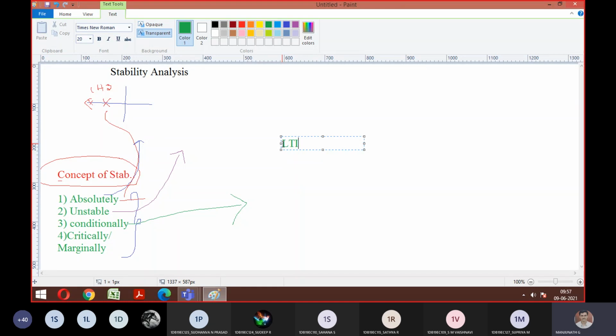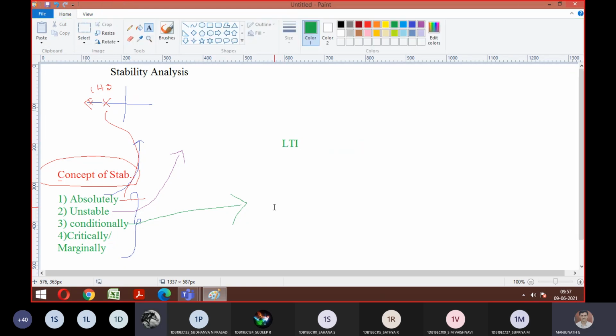So the combination of the first two itself is what? Conditional. Is it okay, guys? Shall I proceed? Yes, sir.